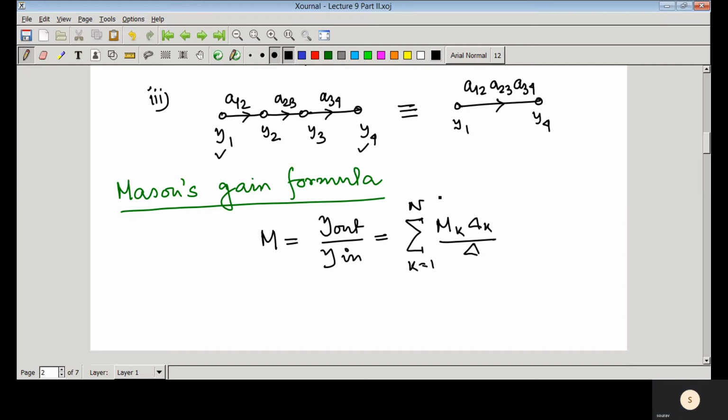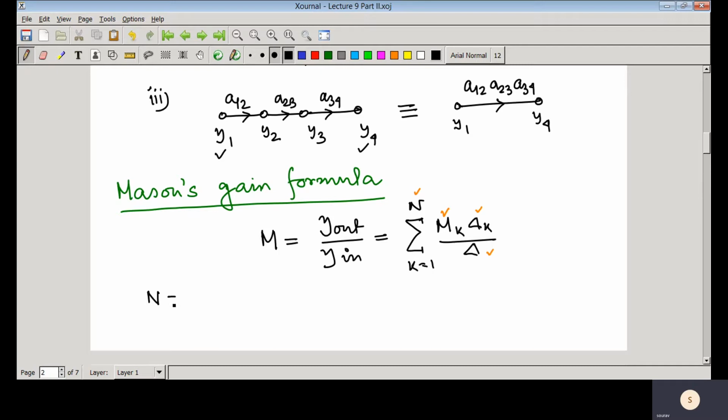So now we will be discussing in detail that what is this M, what is this Mk, delta k and delta, and what is n. So n is the total number of forward paths.